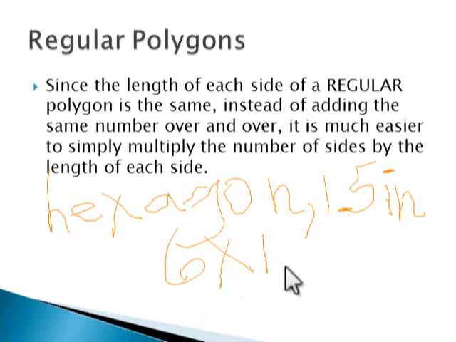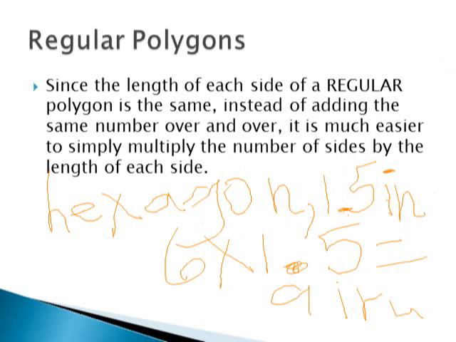And since you can use a calculator for this, I'm not going to actually show the multiplication, but 6 times 1.5 happens to be 9. So you're going to get 9 inches. And remember that it's regular units, because regular units just measure the length of one big long segment, which is what we're measuring.